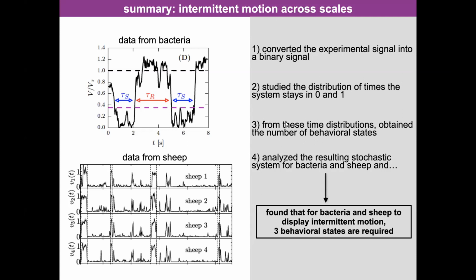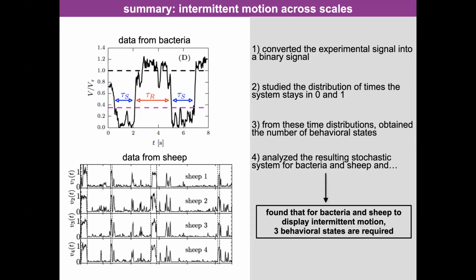And then from this distribution of times, we obtained the number of behavioral states and all the transition rates. And from that, we analyzed the resulting model. And we found that for bacteria and sheep, in order to get this intermittent motion, we need to use 3 behavioral states.